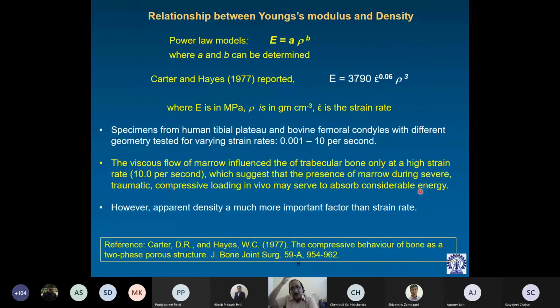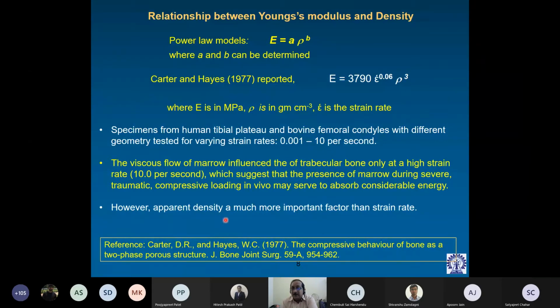So the viscoelastic property, the spring dashpot system that is inbuilt in the bone structure, comes into play only during impact type of loading, only at a very high strain rate.